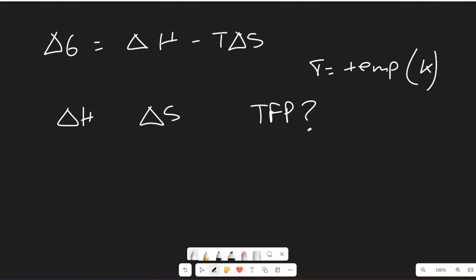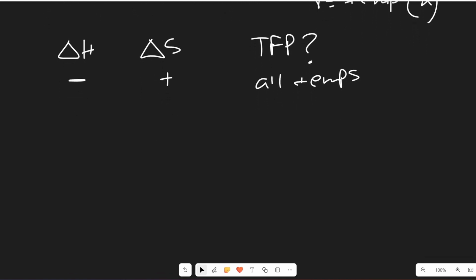So if our delta H is negative, meaning we have an exothermic reaction, and our delta S is positive, that means we're thermodynamically favored at all temps. So no matter what temperature it is, we will be thermodynamically favorable, meaning delta G will be negative.